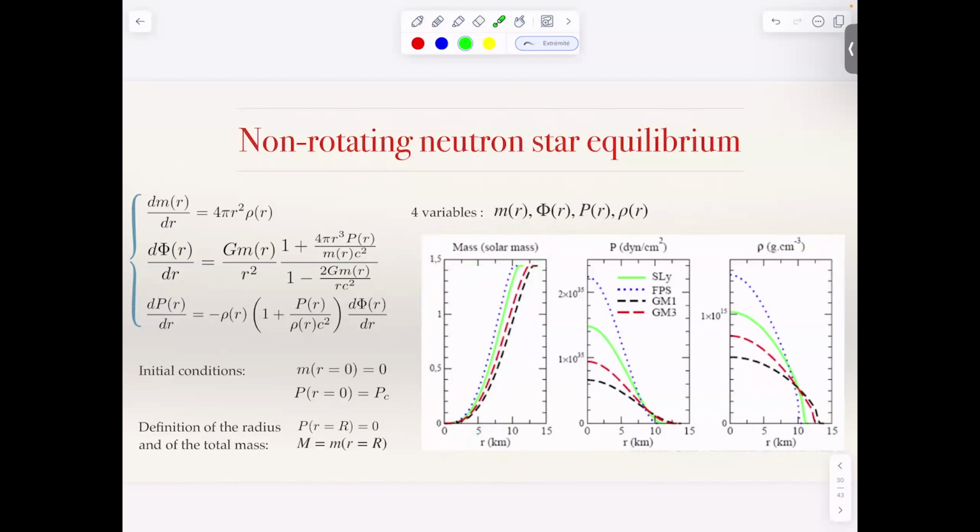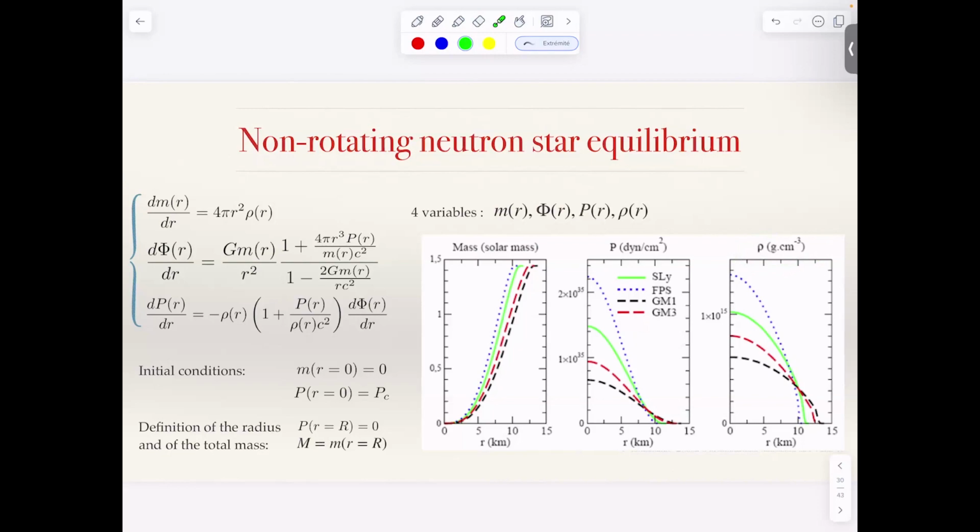You will be able also to generate the pressure profile for a given equation of state, so how the pressure evolves as a function of the coordinates, and you will be able also to determine the evolution of the density inside the star. So that is what you will be able to do.